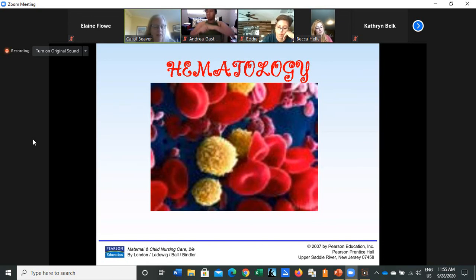The adult male has a higher number on your red blood cell level and your hemoglobin level and hematocrit level. And so it is going to be a little different, but just looking for a range for adults, it would be like 12 to 18 for hemoglobin, and the men are going to be more like 14 to 18, and the women would be like 12 to 16.